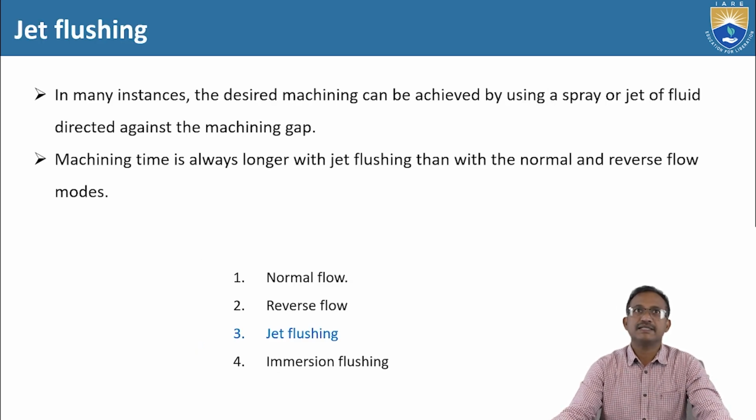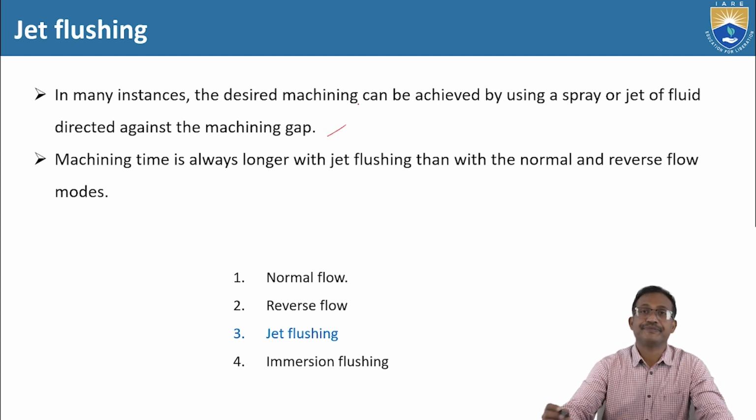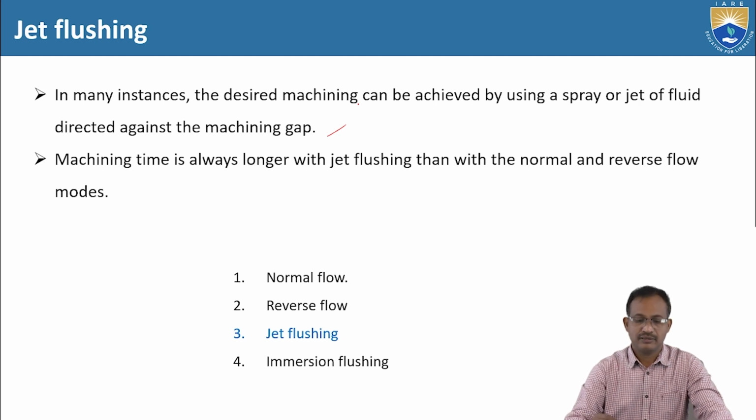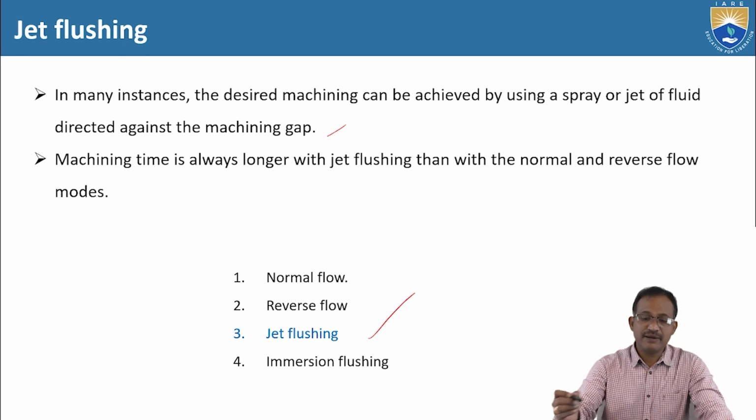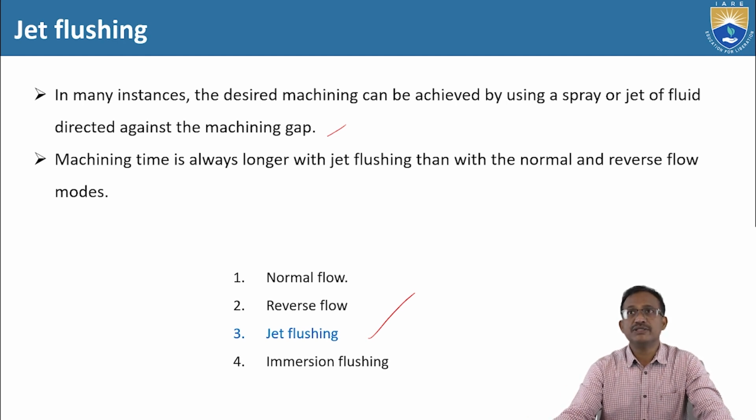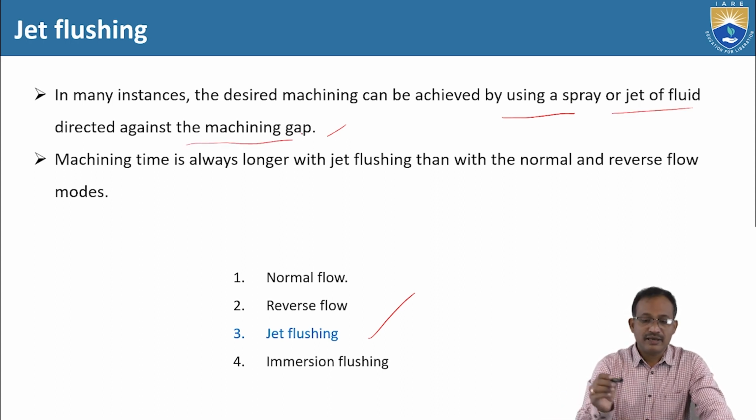Now, let us discuss jet flushing. In many instances, the desired machining can be achieved by using a spray or jet of fluid directed against the machining gap. So in jet flushing, what is happening? The desired machining can be achieved by using a spray or jet of fluid directed against the machining gap.